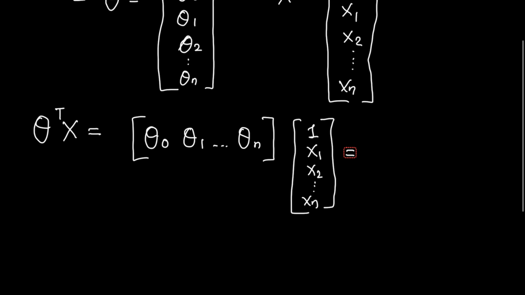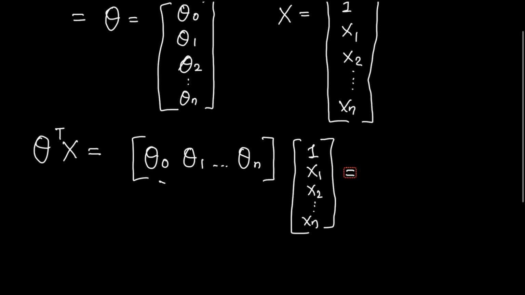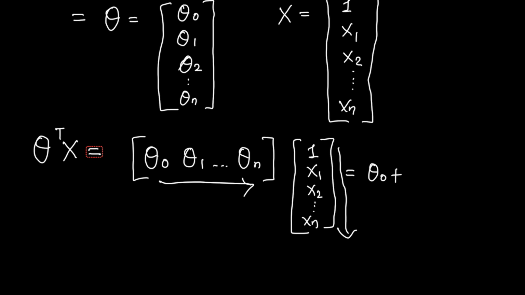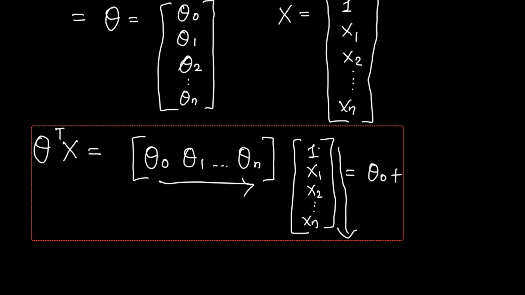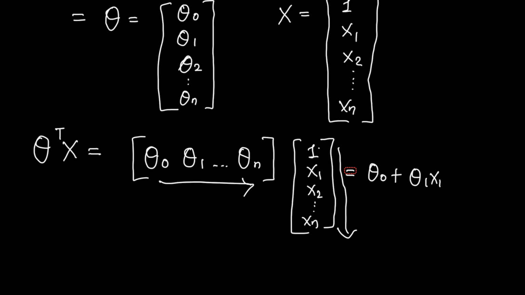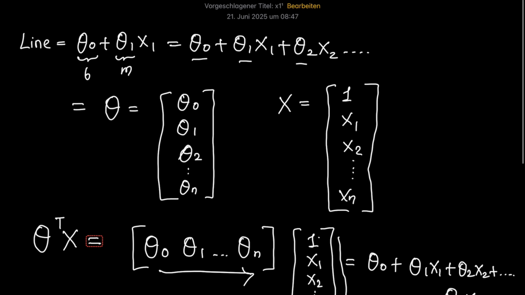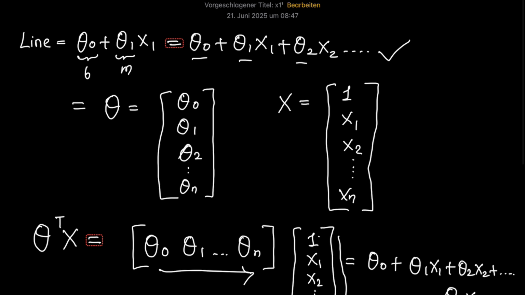Now if we do the dot product, I guess you have already done this in a basic mathematics class. You will get theta naught into 1, which is theta naught, plus theta 1 x1, plus theta 2 x2, plus dot dot dot, plus theta n xn, exactly the same result as above.